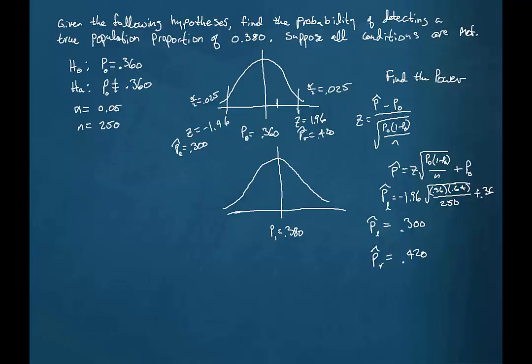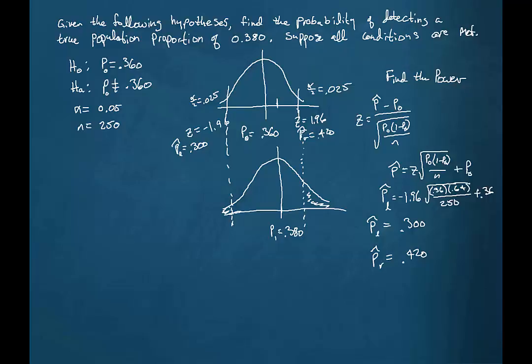Now, projecting these values to this curve, we find that we have much more area in the tail here than we had here, and less down here than we had. I drew it a bit wide on this left-hand side. But the question really is, what is the sum of this area and this area if the population proportion is actually 0.380?